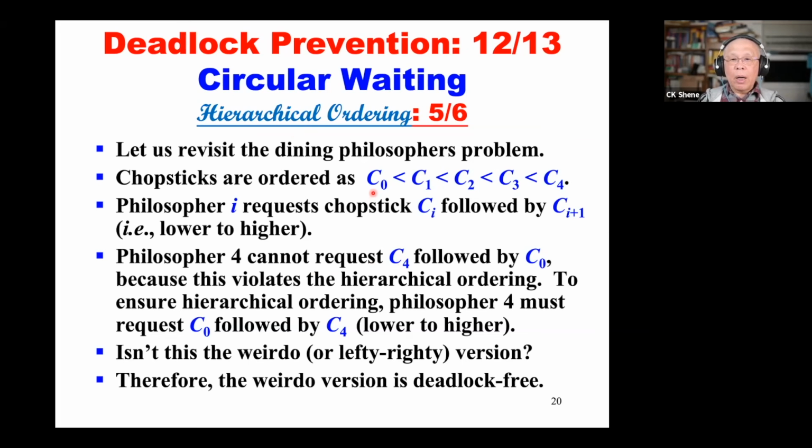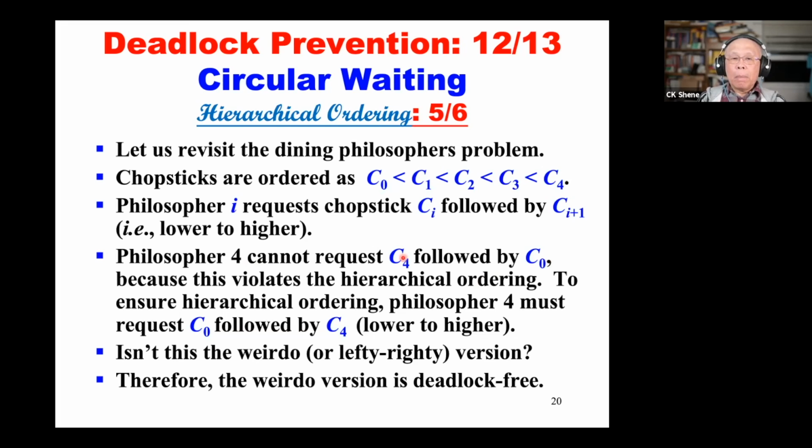Under hierarchical ordering, philosopher 4 must release C4, and get C0 and C4 back, right? But we know, because of this hierarchical ordering, why don't we ask philosopher 4 to get C0 first, followed by C4?